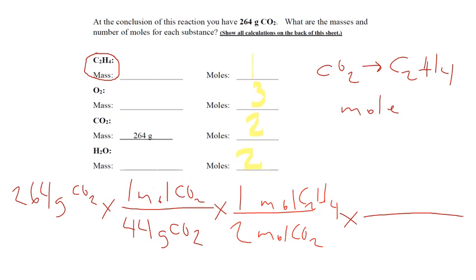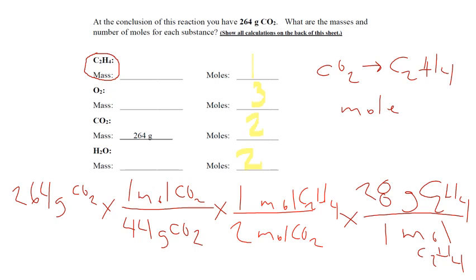I can do that by going up to the above equation and saying, okay, for every 1 mole of C2H4 I have, again, not really great writing, sorry about that, I have so many grams of C2H4. How many grams is it per mole? Look up on the top where it says molar mass in bold and in caps, and we know that is 28, okay? 28. I've done it.